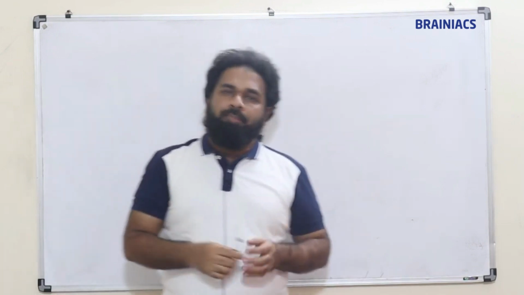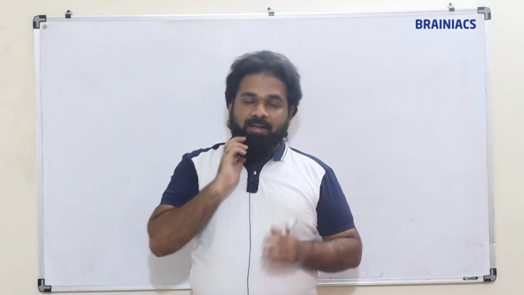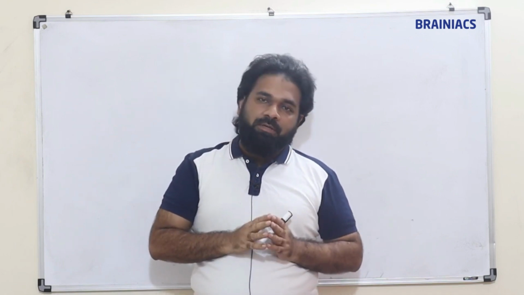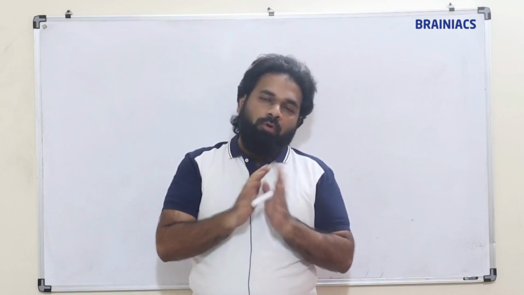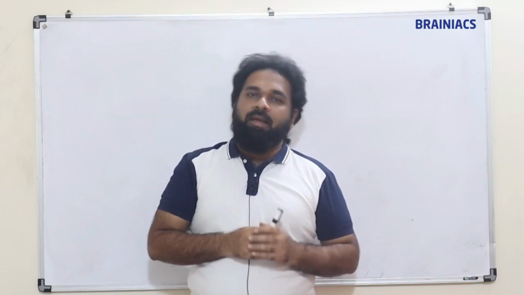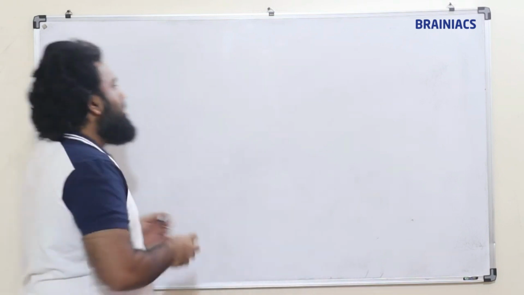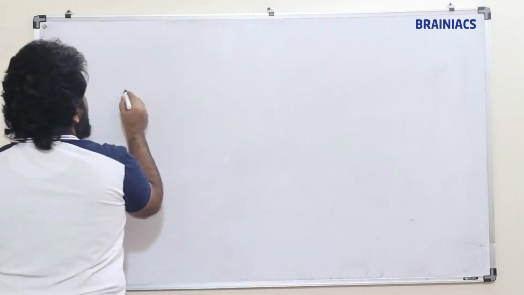Now, what will happen later when the current becomes constant? There won't be any change in magnetic field or magnetic flux, and there won't be any induced EMF also. So, suppose we consider a circuit.